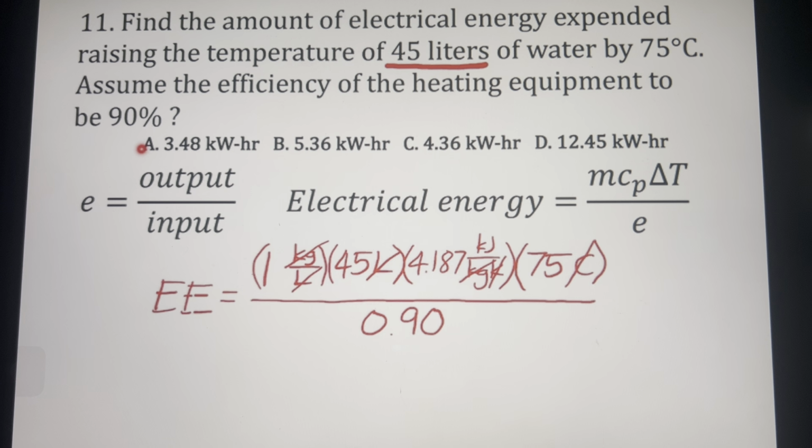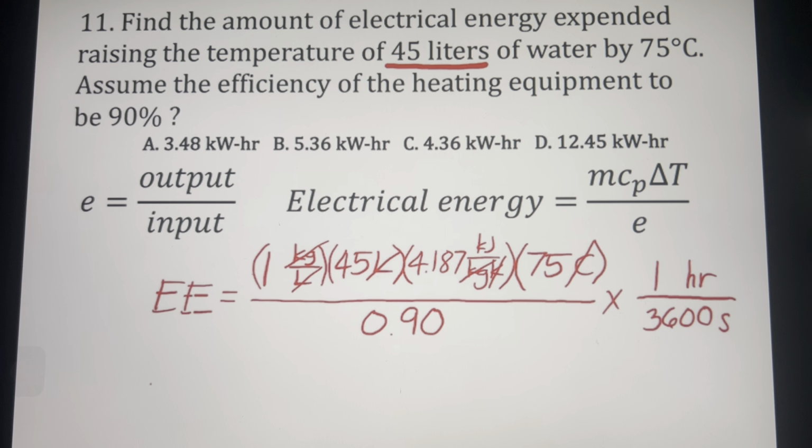kilojoules. But as we can see, our choices are expressed in kilowatt hours. So we must still convert our answer. So how can we convert kilojoules into kilowatt hour? It's easy. Just multiply kilojoules by the number of hours per second. We know that 1 hour is 3,600 seconds. So we can see that kilojoules per second is kilowatts.